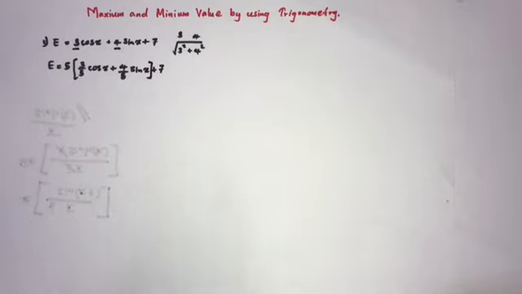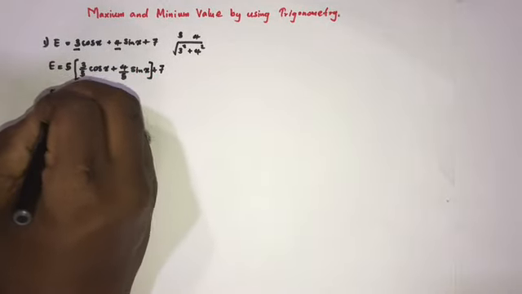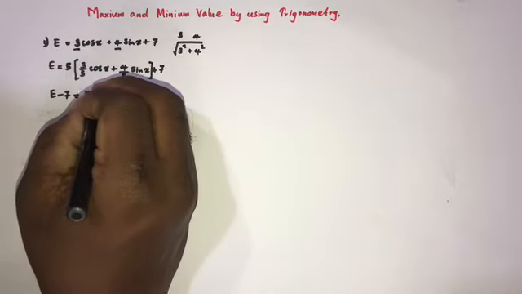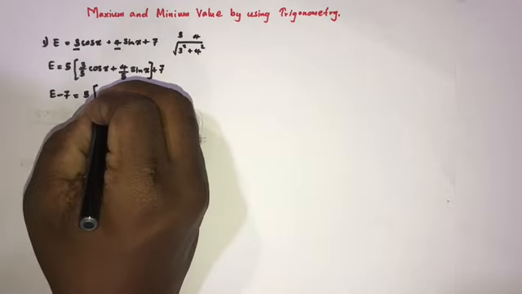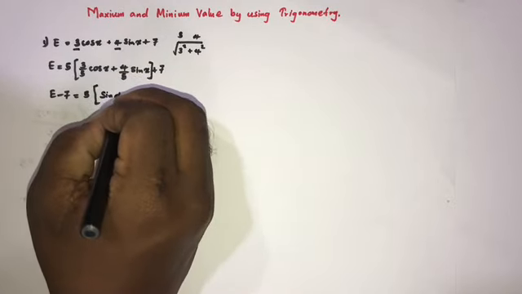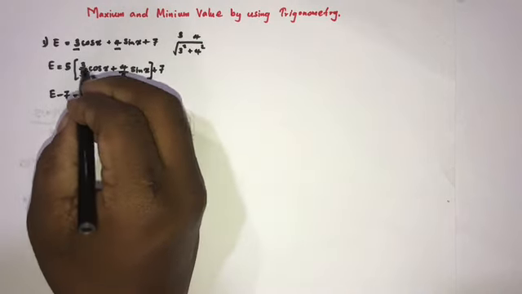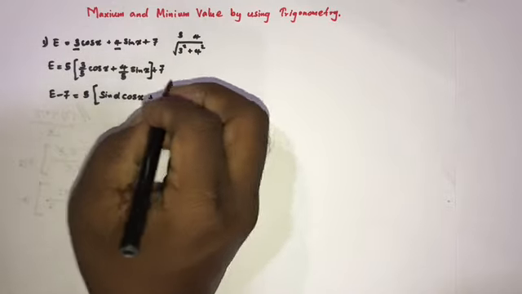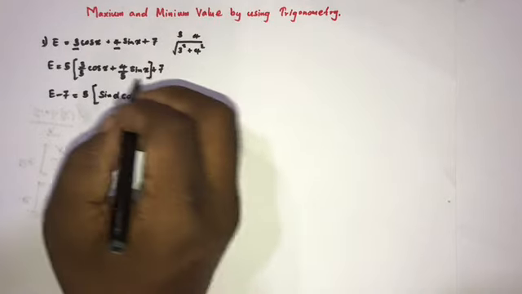Then we can take the 7 to the left hand side, so E minus 7 is equal to 5 times... Now instead of 3 over 5 we can take sine of alpha, any angle, and this angle is such that sine of alpha is equal to 3 over 5. So if we take a right angle, cosine of alpha is equal to 4 over 5.